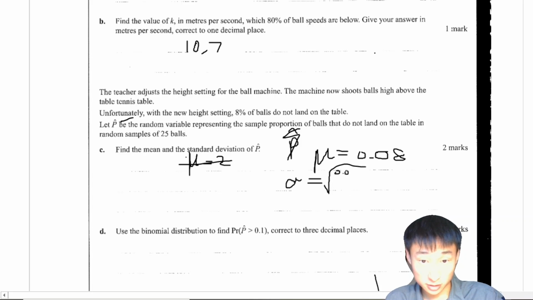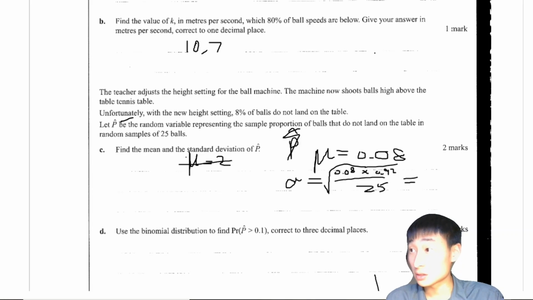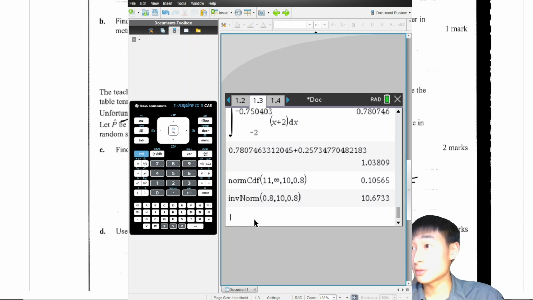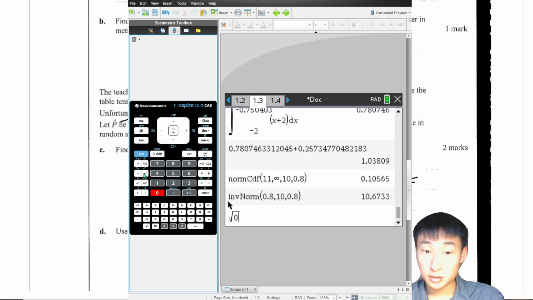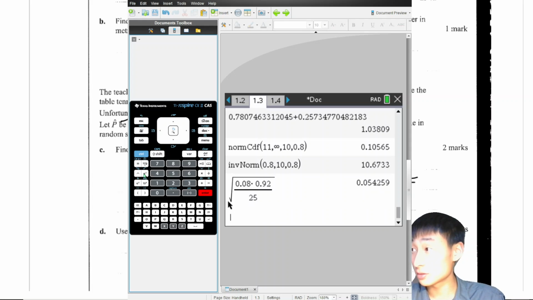I think this is the formula. So I'm going to do the square root of 0.08 times 0.92 divided by 25.